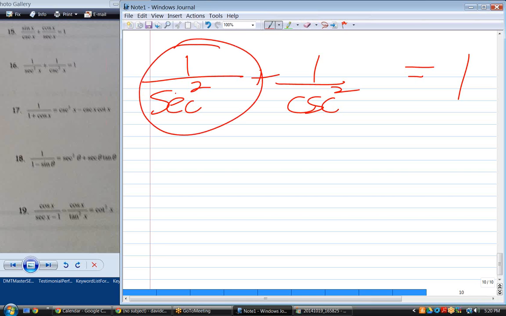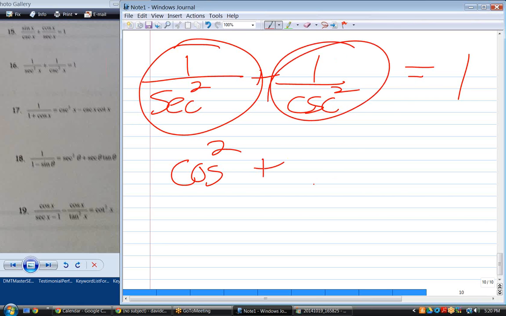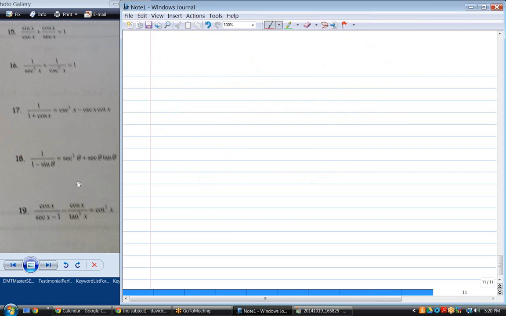What's that? Cosine squared. Oh, yeah. What's that? Sine squared. Okay. In other words, don't make these harder than they are. Some of them are very, very straightforward.